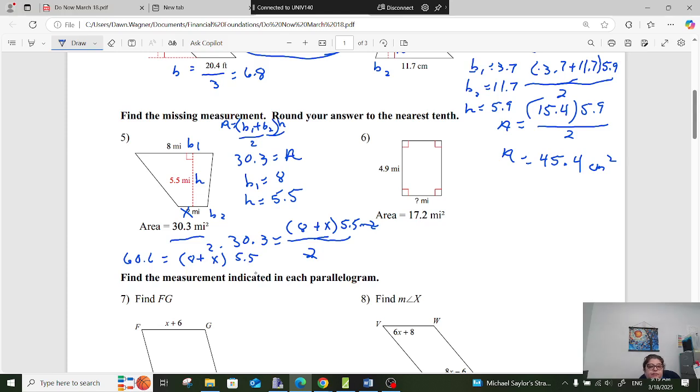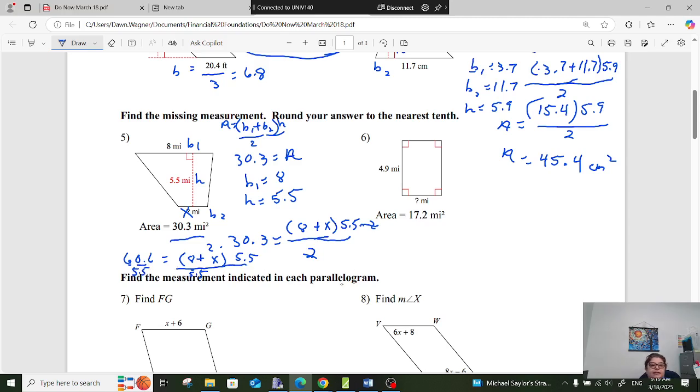And what do I do to both sides first? I want to get rid of this 5.5 by division. So I'm dividing by 5.5 on both sides. I'm running out of room, so sorry. Hopefully you can read it.